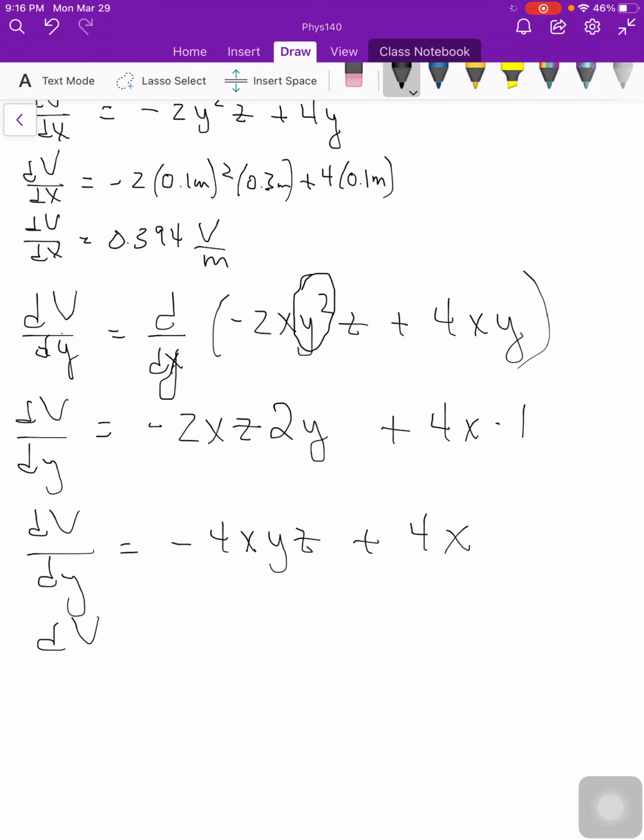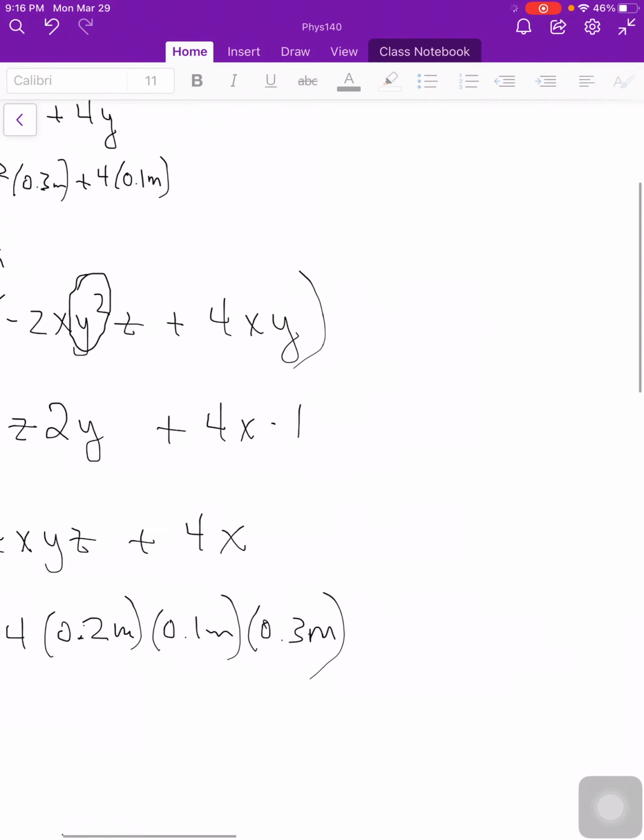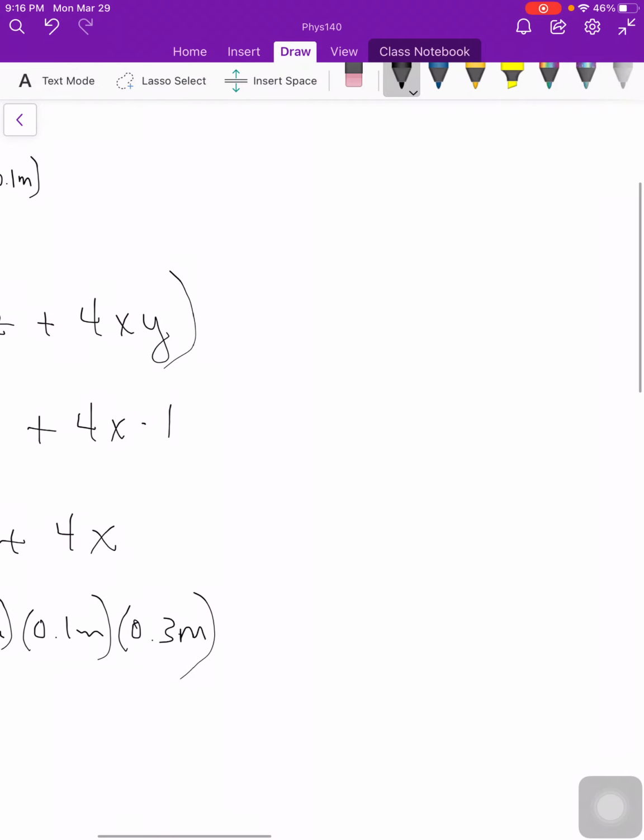Now I can plug that in. dV dy is equal to negative 4 times 0.2 meters times 0.1 meters times 0.3 meters, and then plus 4 times 0.2 meters.